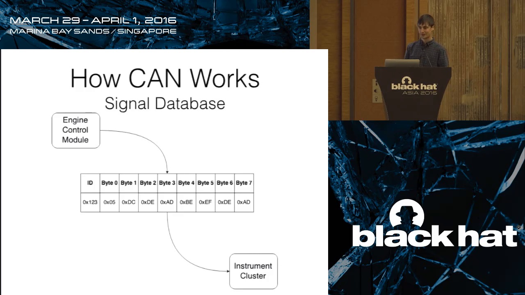And in this example, we have a CAN frame, and it's leaving the engine control module. It's being picked up by an instrument cluster. Now, I have marked out that these are the controllers here. In real life, you're connected to the bus. You don't actually know who is sending a frame, and you don't know who's receiving it. It's just being published. It's a totally broadcast system. But for this example, we have the engine control module, instrument cluster. We have an ID of 0x123, and then some data.